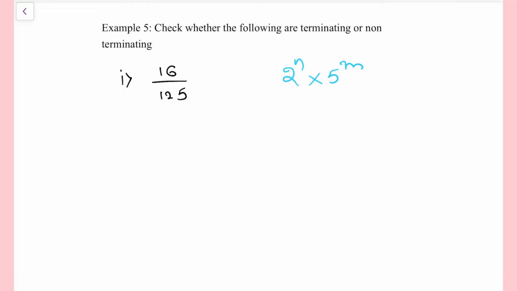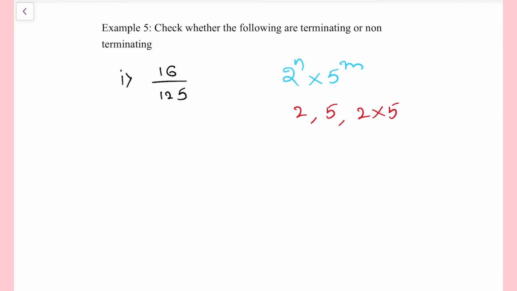So what exactly does this 2 power n into 5 power m mean? In the denominator, only the number 2 should be there, otherwise only the number 5 should be there, otherwise both 2 and 5 should be there. Then only it will have a terminating decimal. Except these numbers, if any other number is there, then automatically it will have a non-terminating repeating type of decimal.